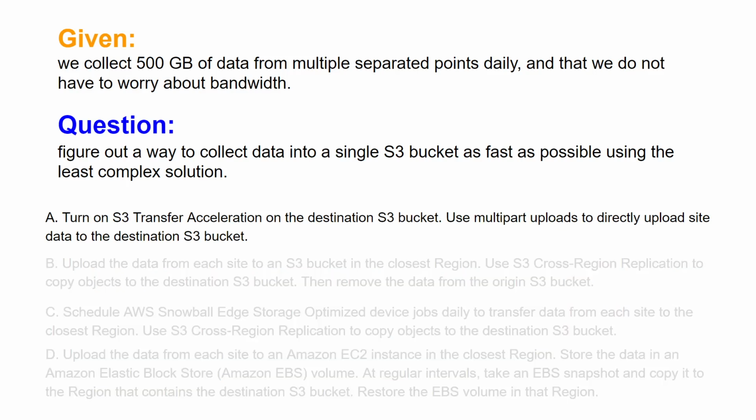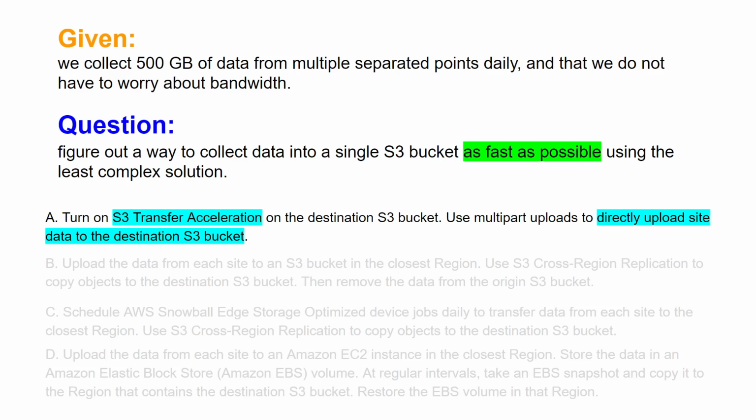Option A uses S3 Transfer Acceleration, which from its name, you can infer that it can be used to speed up transfer speeds. Therefore, it agrees with the as fast as possible part of the question. This option also directly uploads data to the destination S3 bucket.